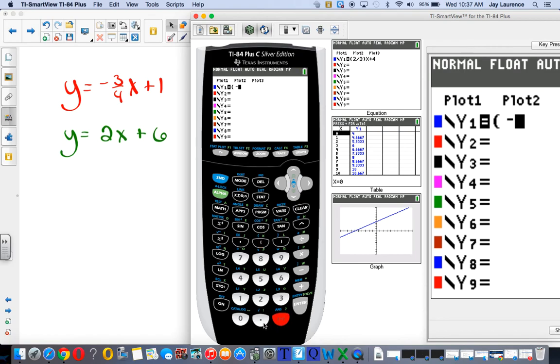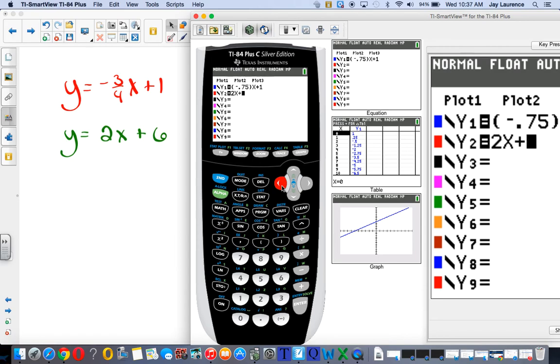So I can go -0.75 because I know that's the same as 3/4 if I want to. If I don't want to put the fraction in there, I can do +1. And then the second equation is going to be 2x plus 6.